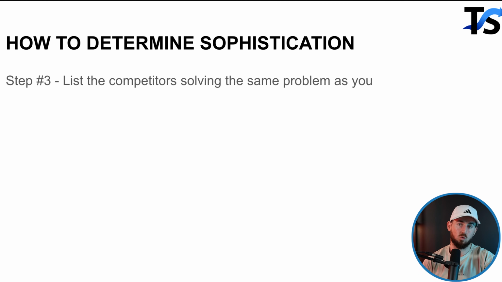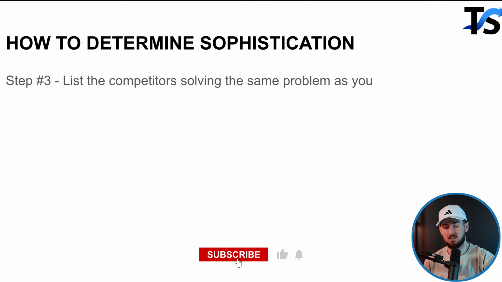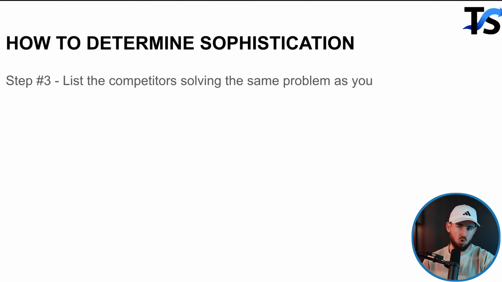Next, list the competitors solving the same problem as you. I focus on the desire to scale your Facebook ads or scale your Shopify store. So I can look at the other agencies also focusing on scaling Shopify stores: email marketing, Google, landing page design, CRO, advertorials, and other types of agencies, because they're also competing for people who want to spend money with me.